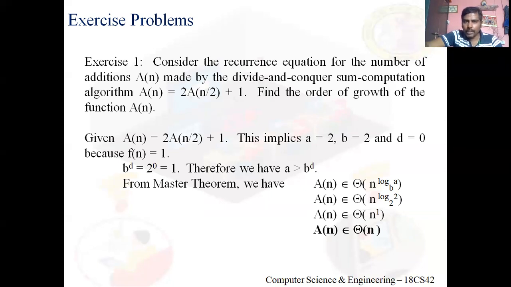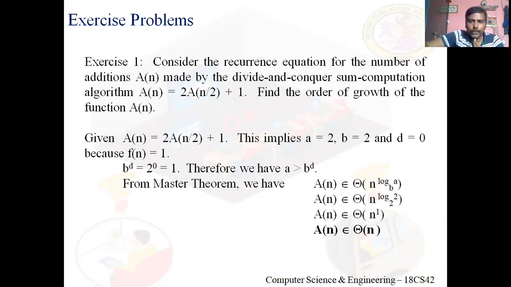So for this recurrence, when I mapped it with the divide and conquer recurrence, I found a and b with the same value 2, and f of n equals 1 indicates degree 0. So d equals 0. Now I need to determine the relation between a and b power d.